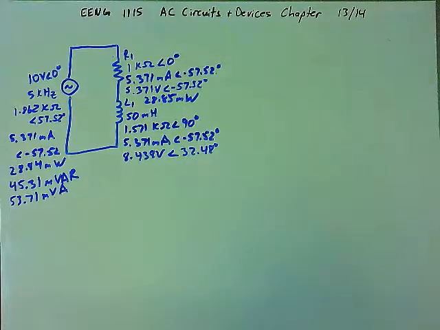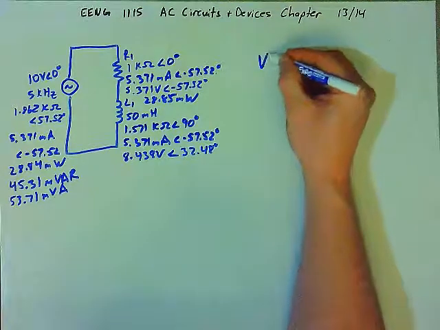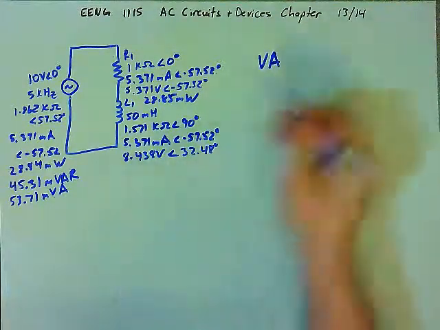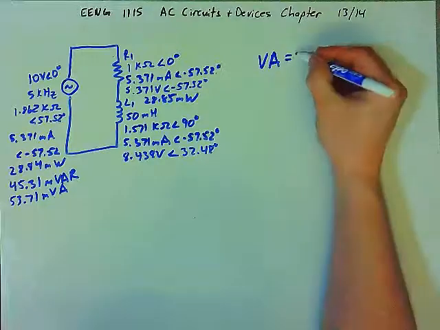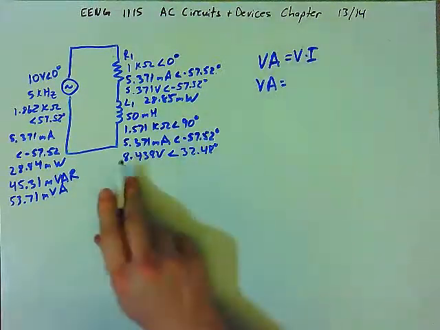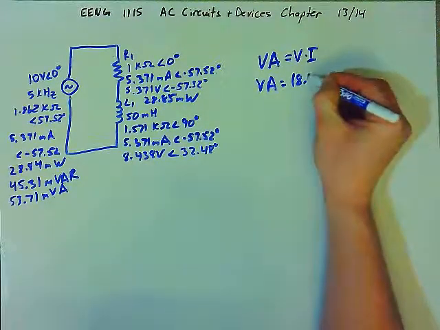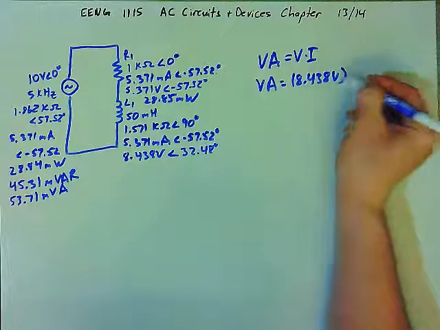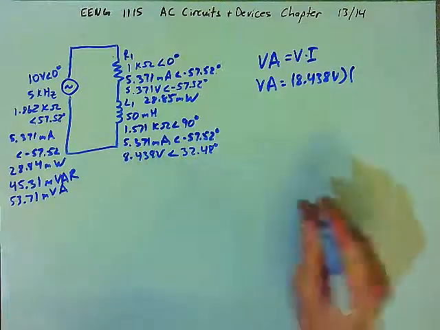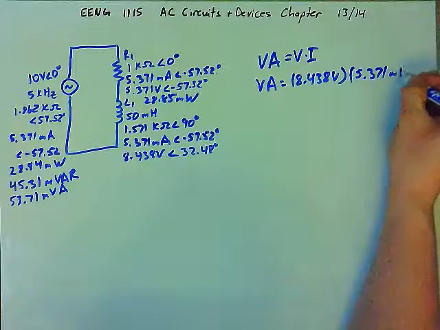Now let's look at the power dissipation for the inductor. Let's start by finding the volt amps. The volt amps of the inductor is simply the voltage times the current. And so the volt amps will be the voltage, which is 8.438 volts times the current, which is 5.371 milliamps.